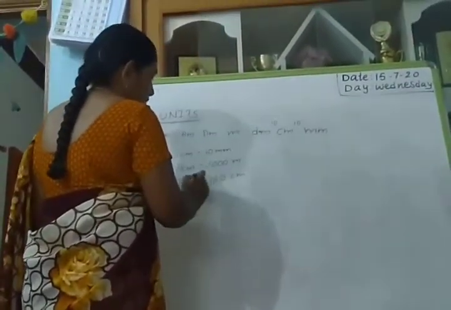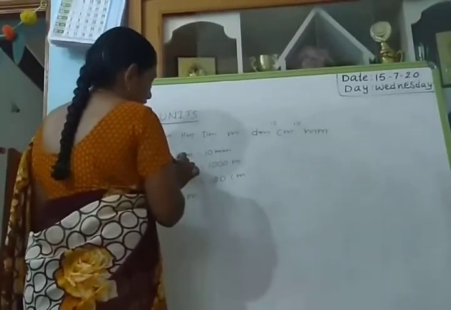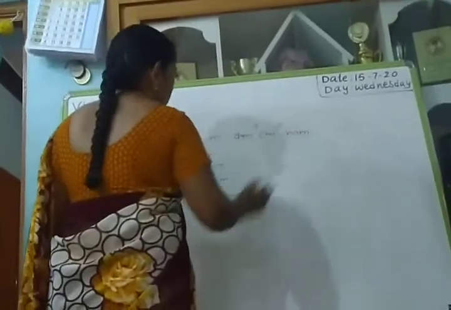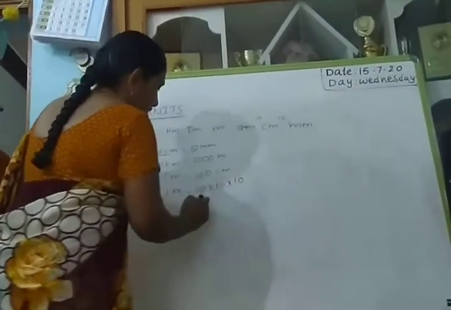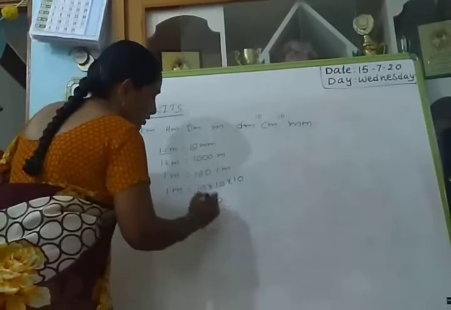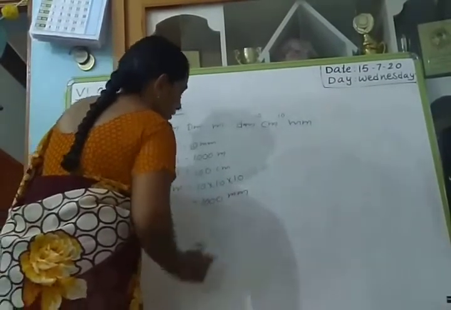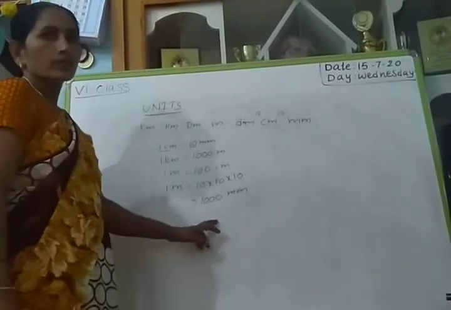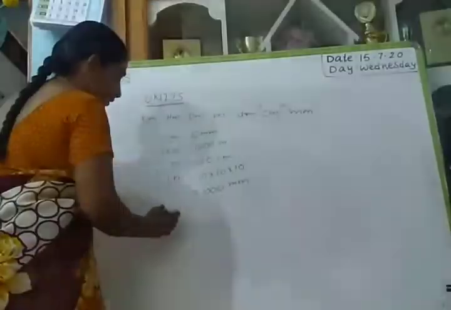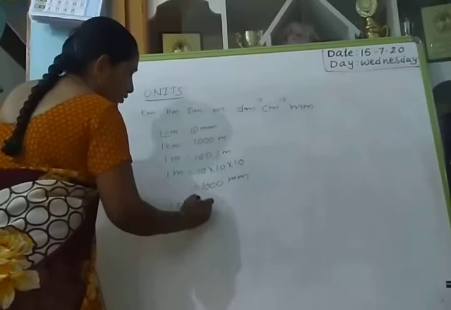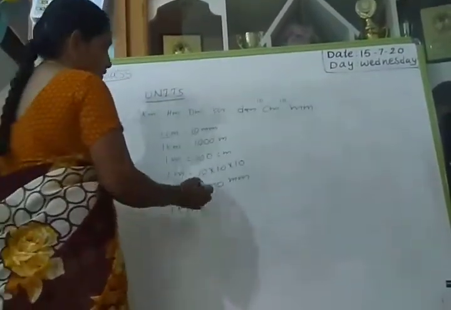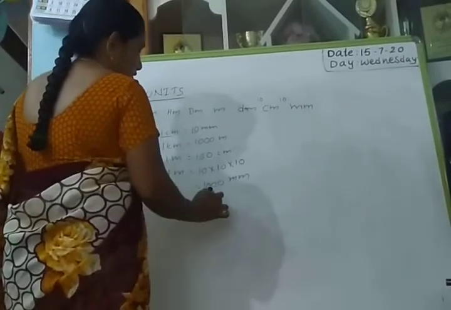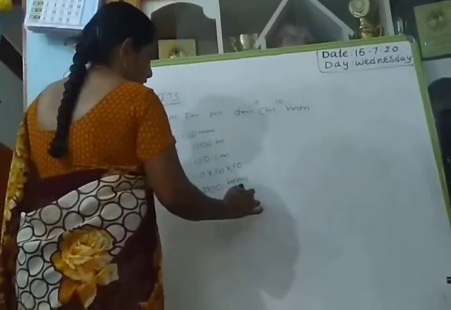Like this, 1 meter is equal to how many millimeters? Already we know 1 meter is equal to 100 centimeters. Again 1 centimeter is equal to how many millimeters? 10. Three measurements are there, no? So we have to multiply 10 three times. What do you get? 1000 millimeters. 1 meter is equal to 1000 millimeters. Like that, 1 kilometer is equal to how many millimeters? First, 1 kilometer is 1000 meters.